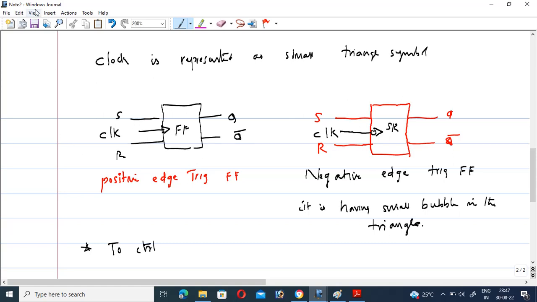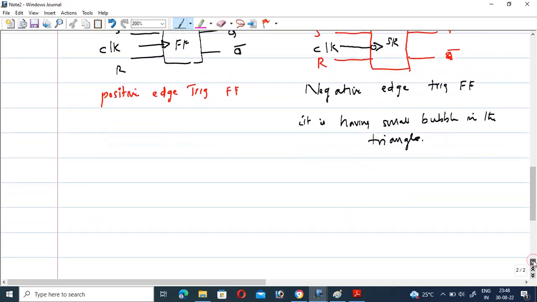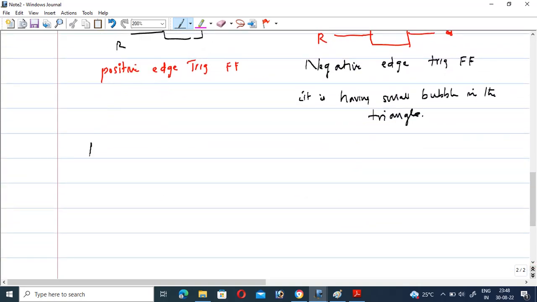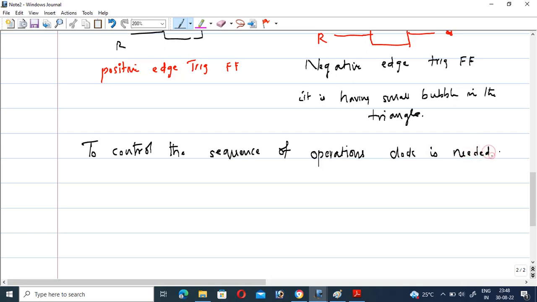To control the sequence of operations, a clock is needed.